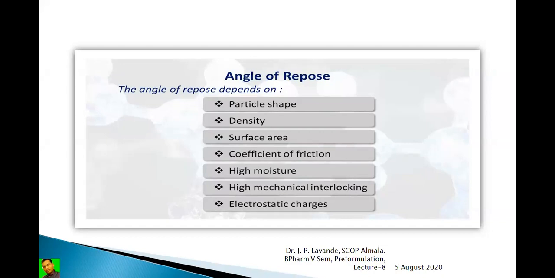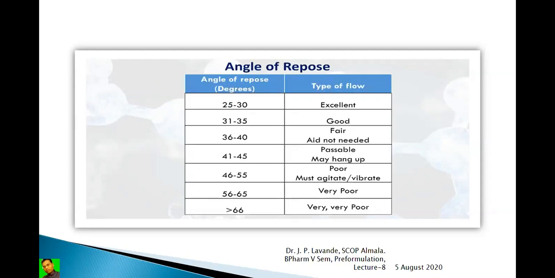If the surface area is too high, there is interparticular attraction which may not offer flow properties. If the coefficient of friction is less, that means they will possess good flow property. If the particles are in close association, they are not able to flow freely. High moisture content is also one of the obstructions to the flow properties of the powdered material.